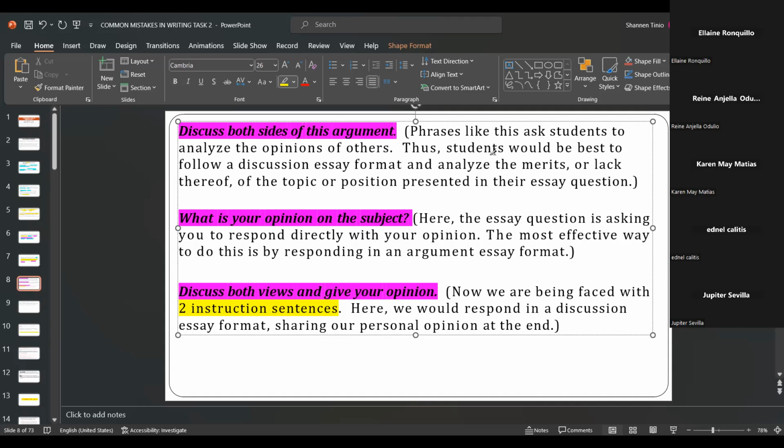It just says, i-discuss mo yung dalawang side. Ngayon naman sa question na to, yes, you're allowed to give your opinion. Isa lang yung instruction. And now, meron namang cases na discuss both views and give your opinion, meaning dalawa yung instructions dito. You have to accomplish the 2 tasks, which is give your view, your viewpoint, and then give your opinion.